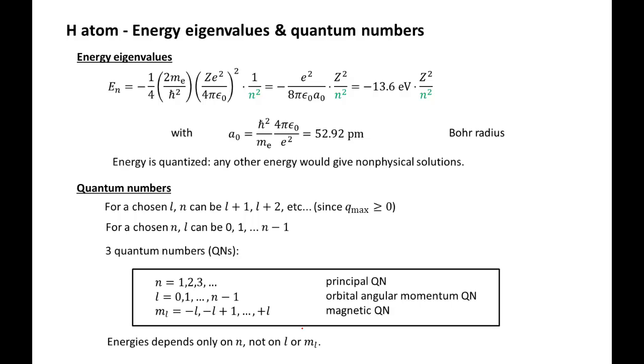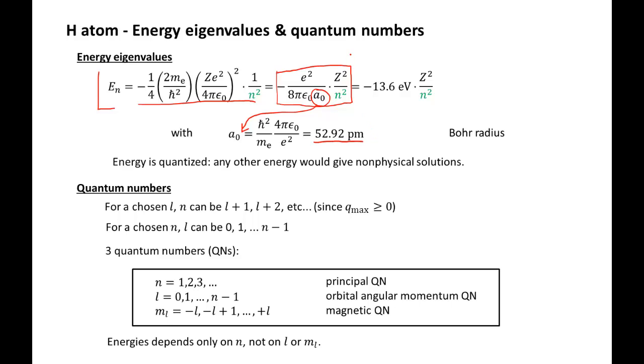Let's summarize. We found the energy eigenvalues, En. They can be written in this form, which we've seen on the previous slide, which after some simplification yields a simpler form that is shown here, where I've utilized a0. a0 is the Bohr radius, which is about 52.92 picometers.